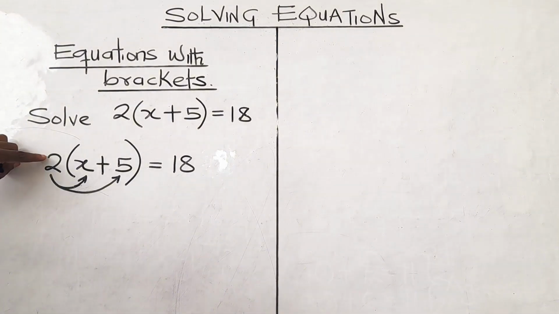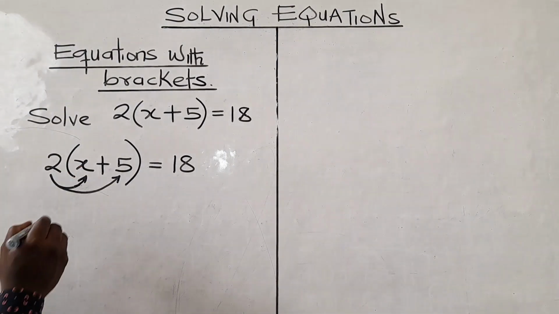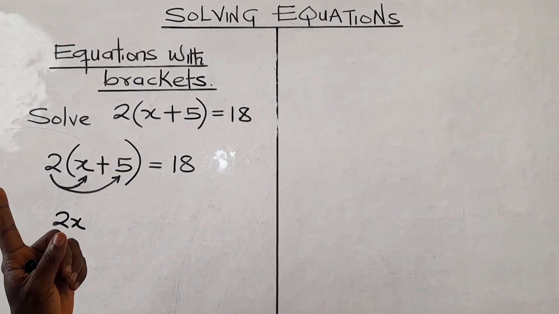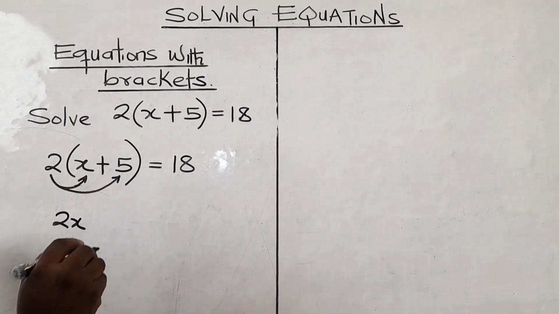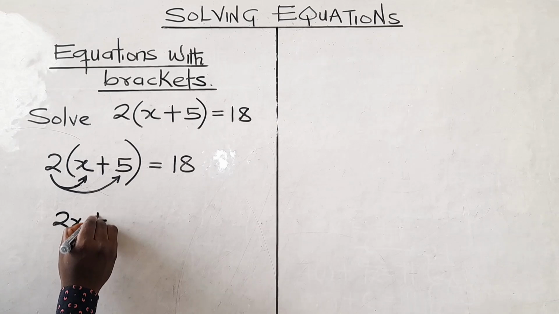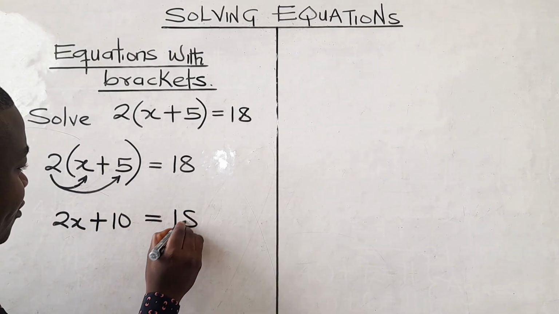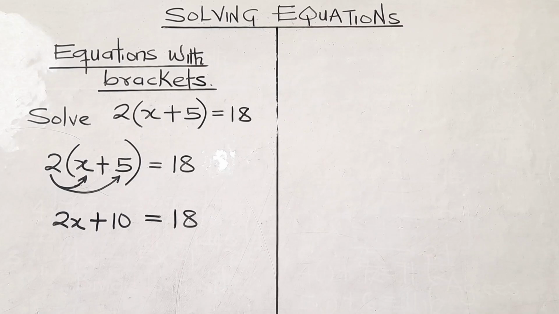So 2 times x is 2x. Don't stop there. 2 times 5 is 10, equal to 18. We have opened the bracket.